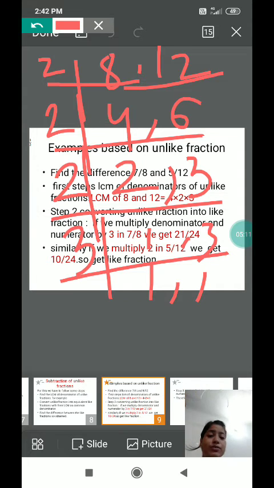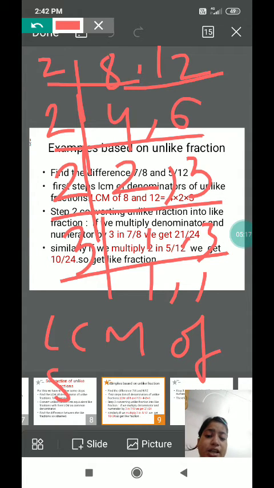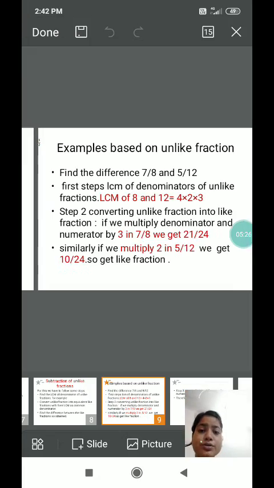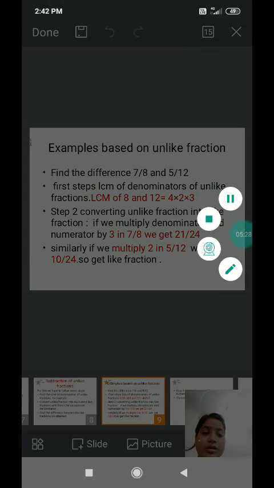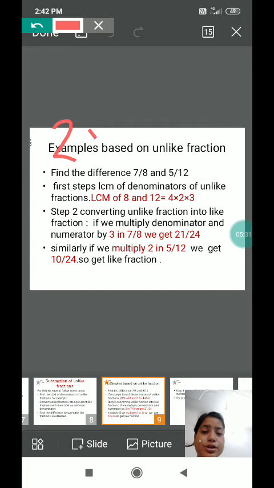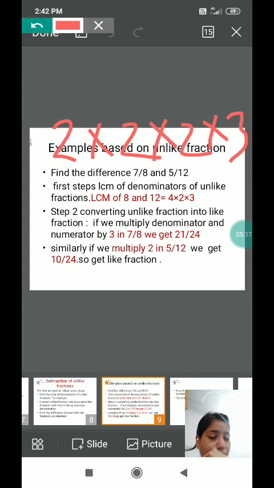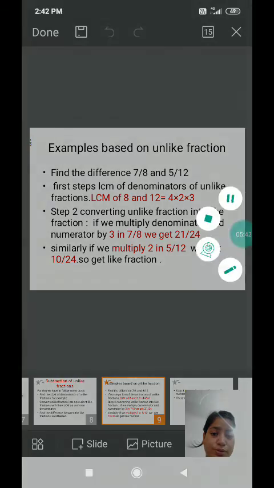So the LCM of 8 and 12 is 2 into 2 into 2 into 3. How much do we get? 24. So this is LCM 24.